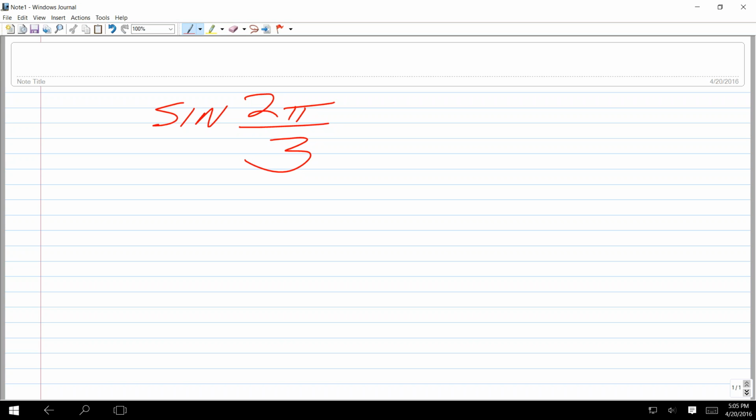After a while, just like with any foreign language, you can almost think in terms of radians. Now, when you get to calculus, calculus only works on trig functions if they're in radians. So once you get to calculus, everything is in radians, and you don't deal so much with degrees anymore.